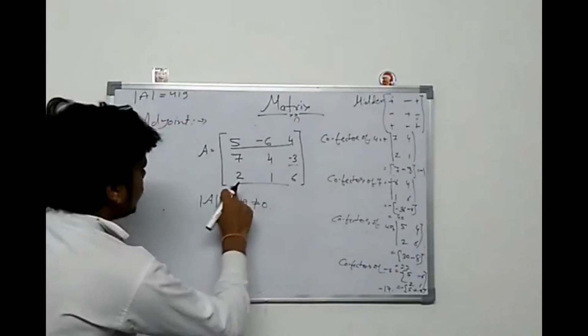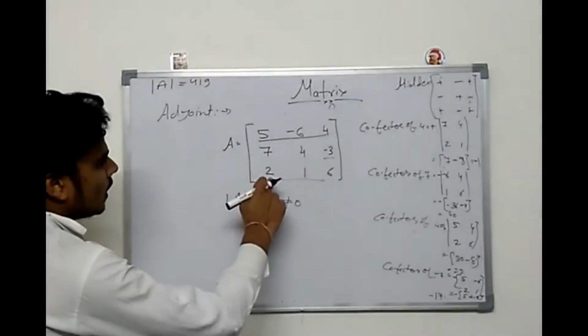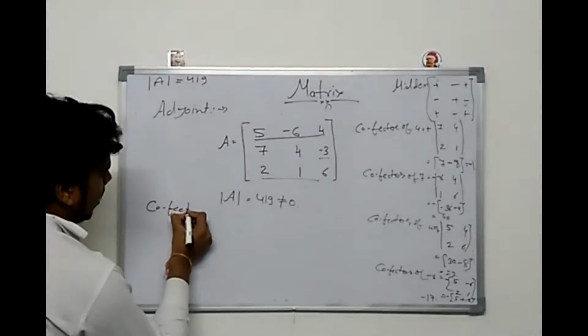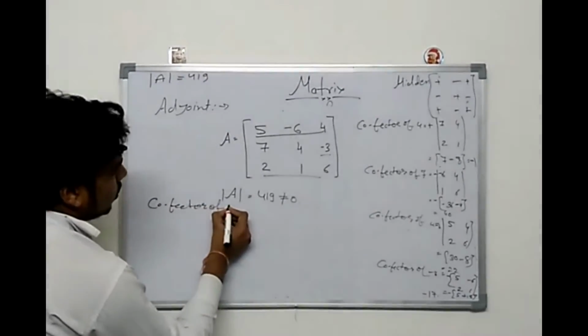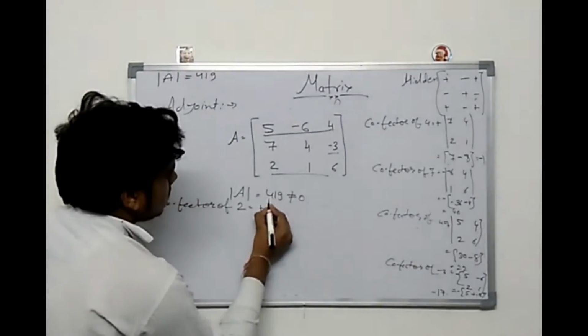Cofactor of 2. Find the cofactor of 2. Cofactor of 2 is minus and then plus.